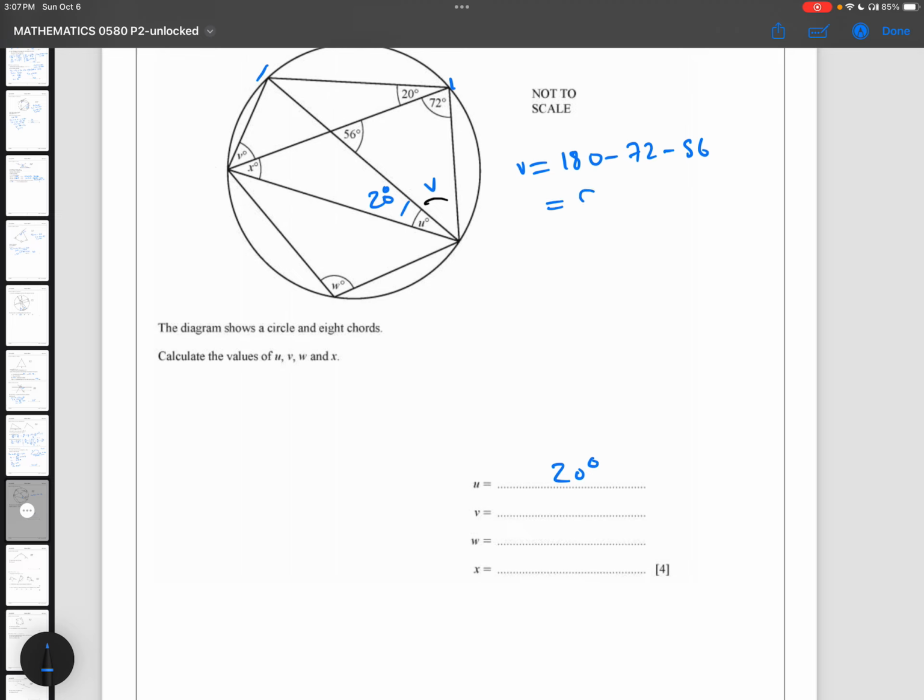This is equal to 52. Now I need to find w. And w and 72 are angles subtended by the same chord in alternate segments. So w is equal to 180 minus 72. This is equal to 108.